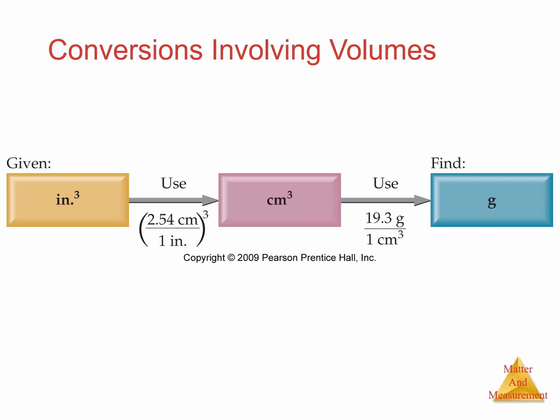Use this to get the final or the desired unit, that is in a gram. So the final answer, as I said, is 633 gram, which consists of 3 significant figures, the same as this and the same as this.